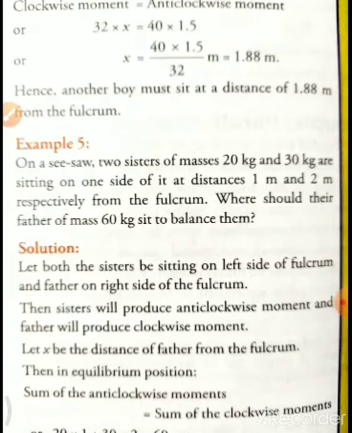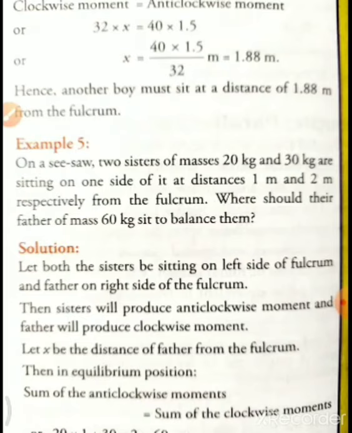One sister is sitting 1 meter away and the other 2 meter away from the fulcrum, respectively. The girl with 20 kilogram is 1 meter away, and the girl with 30 kilogram is 2 meter away.